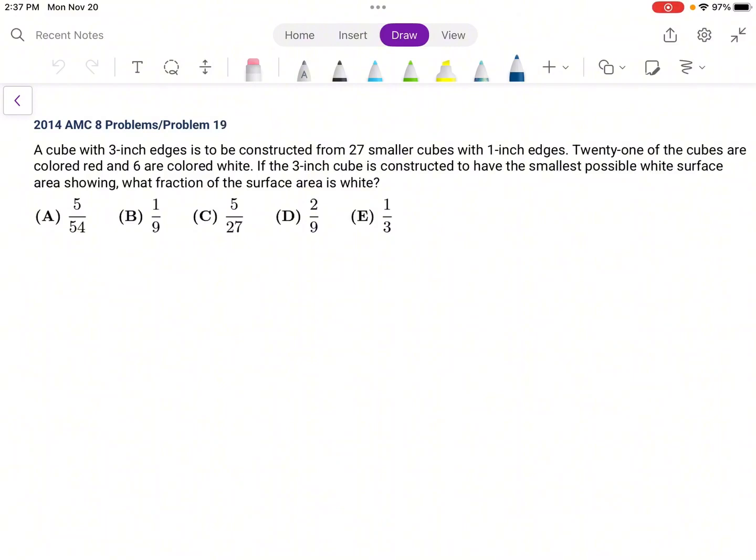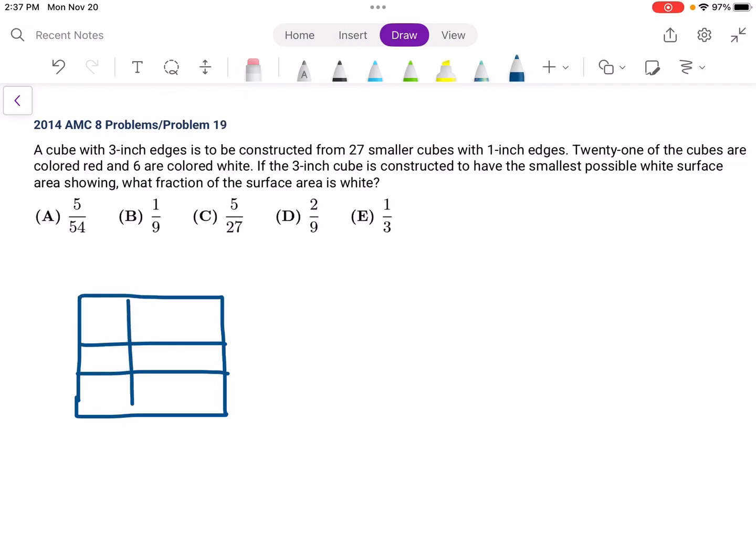Problem 19. Let's draw the cube. It's constructed with 27 cubes. Each surface will have 3 by 3 1-inch surfaces.